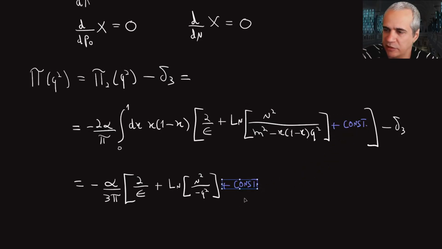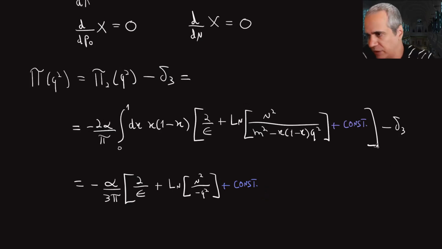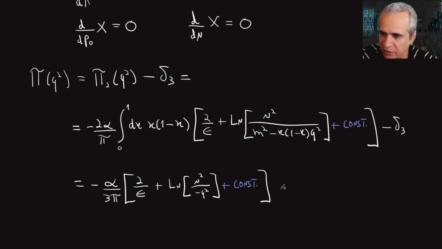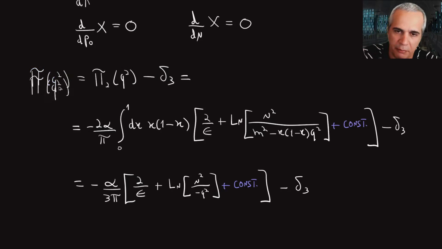We changed from this equation to this one. It's another number, but I don't care too much what it is, because of course, there's always this minus delta 3 here that can absorb these numbers or not. So if it depends on the choice of delta 3, it shouldn't matter physically. So now this expression, let me put a box here just because we'll compare many different versions of this.